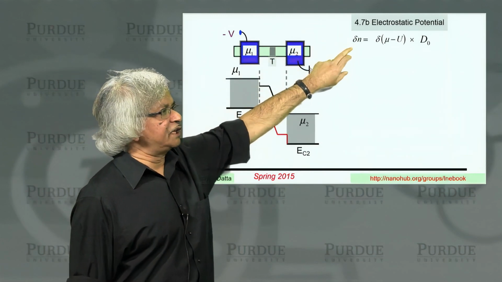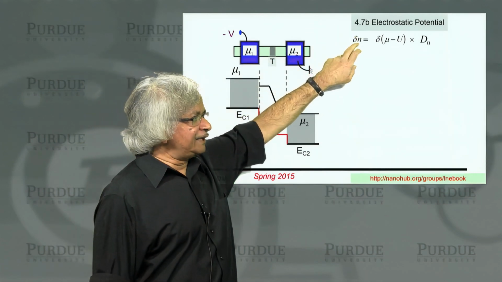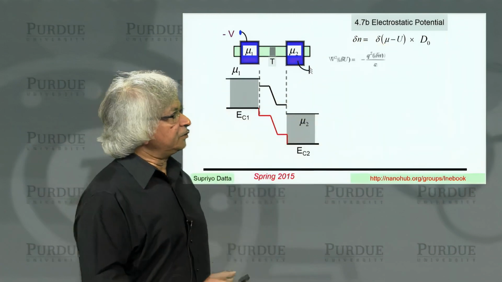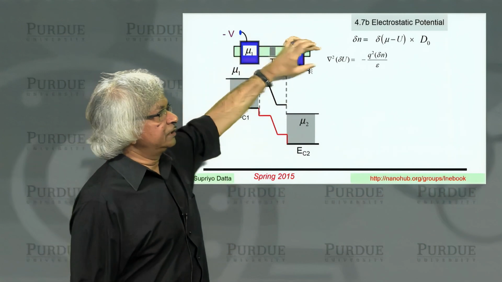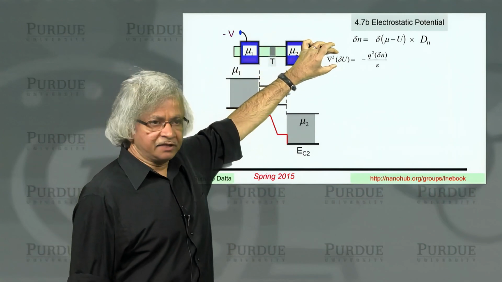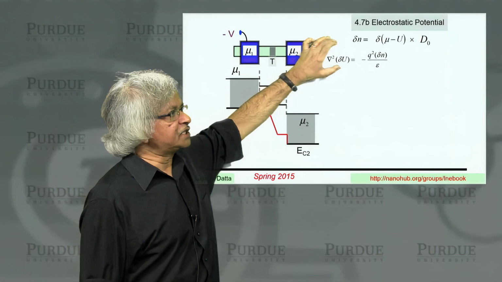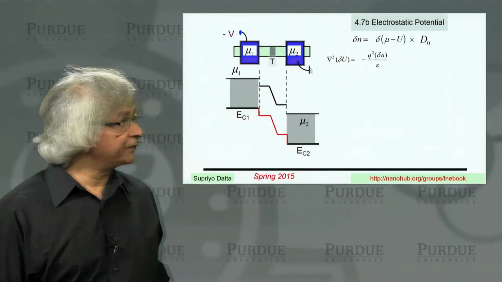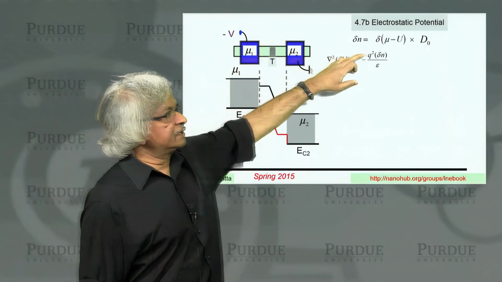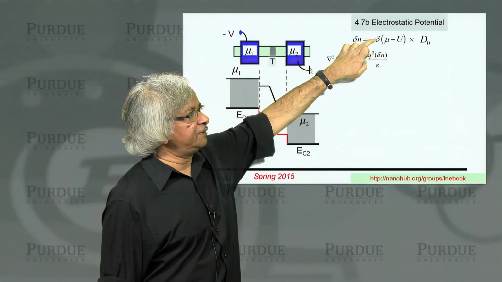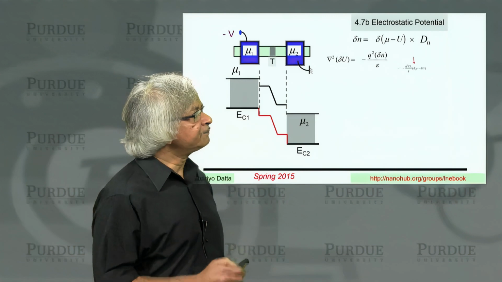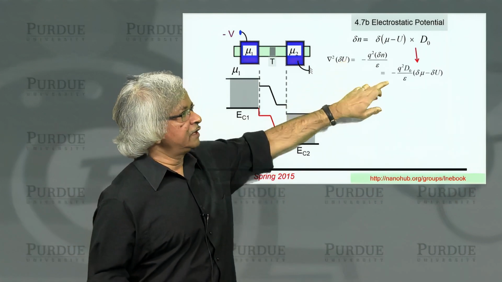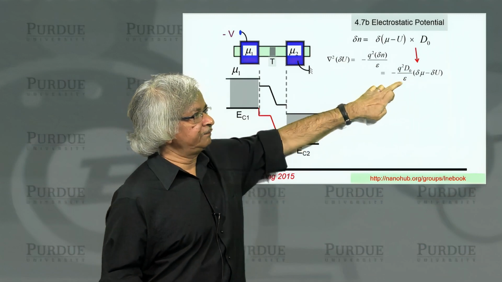We still have this relation between delta n and delta mu minus U. But to calculate the actual change in the potential, this delta U, you start from the Poisson equation of electrostatics. And what we can do is take that delta n from here and replace it with the expression on top, so that you get del squared of U given by that quantity.